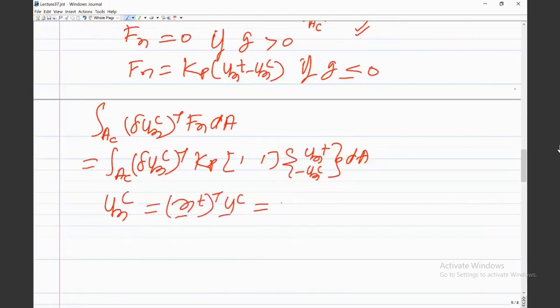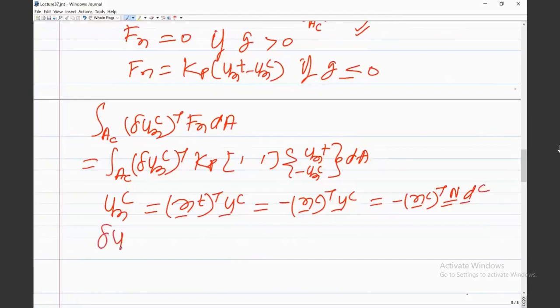NT can be written as minus NC, so we will have minus NC transpose into UC, and UC can be written as N into DC, so we will have minus NC transpose into N into DC.